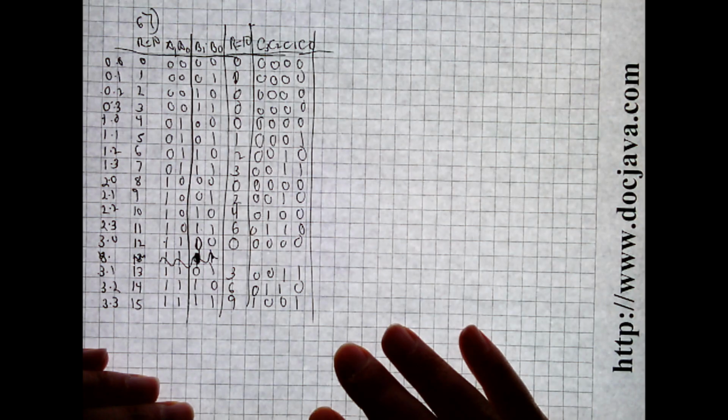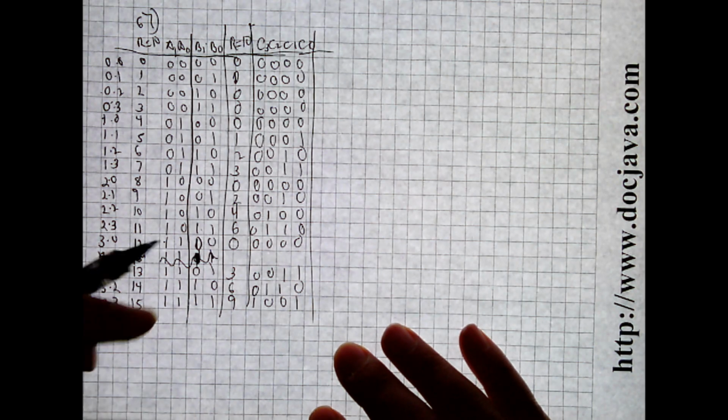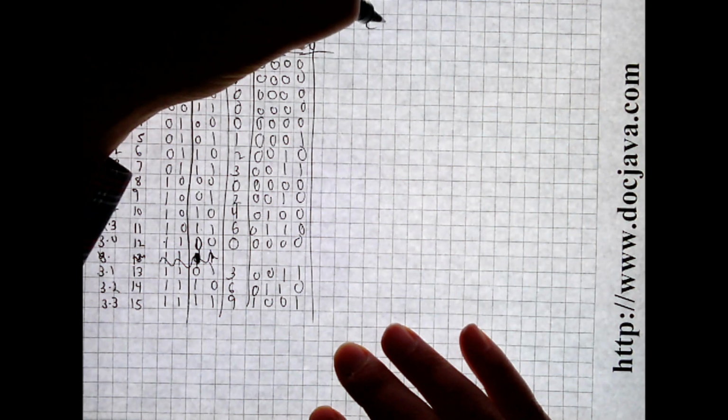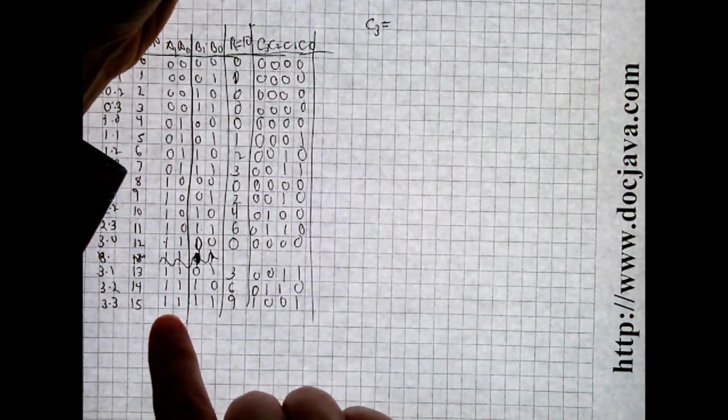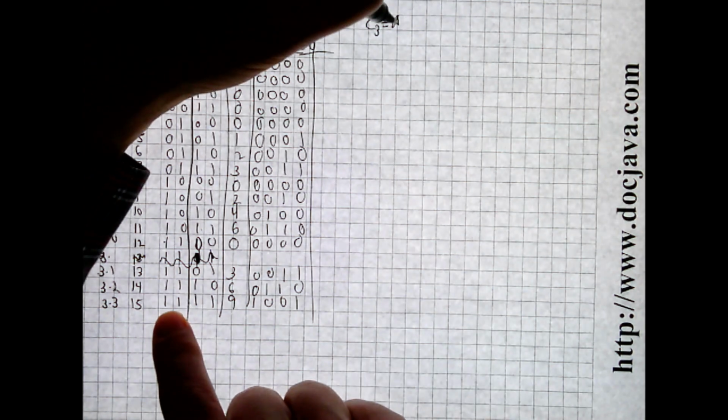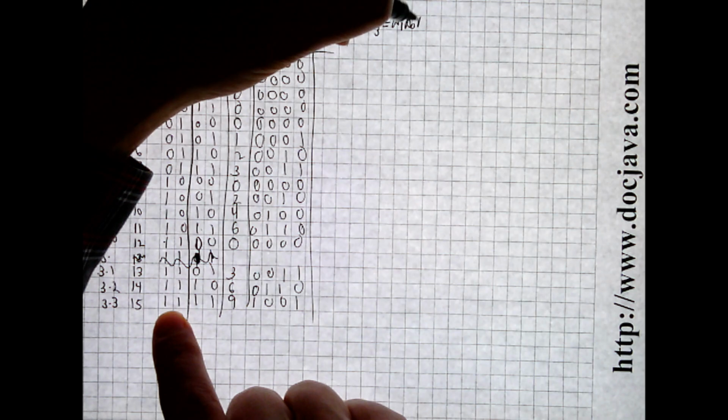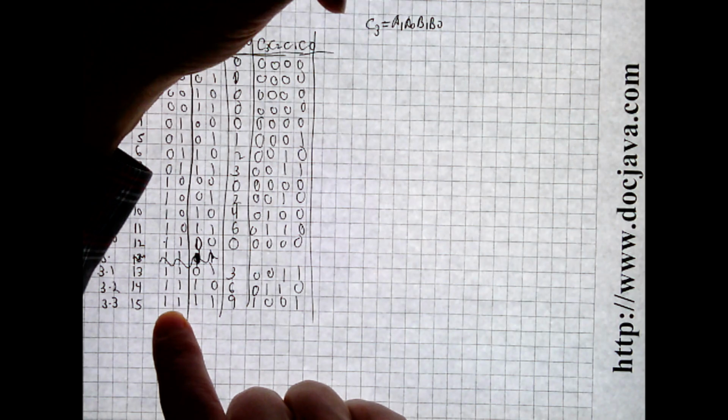So now, what do we see for C3? C3 equals A1, A0, B1, B0.